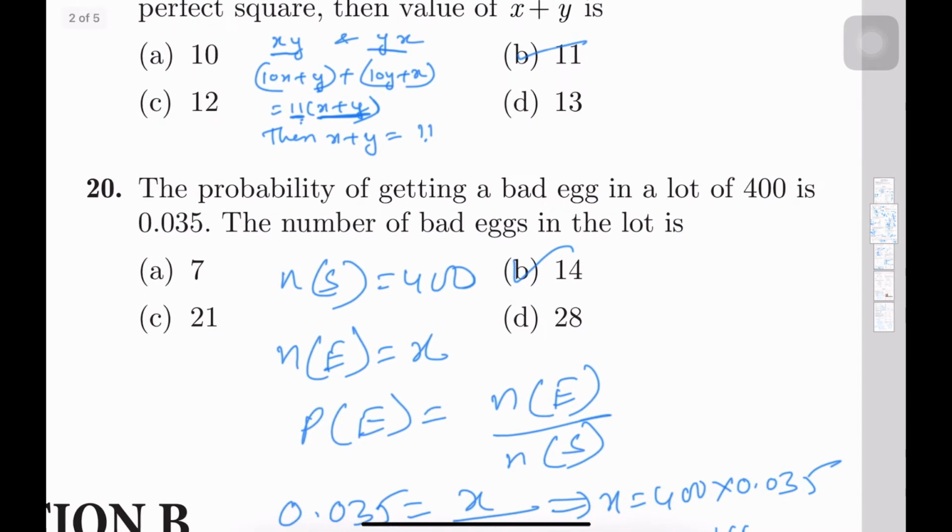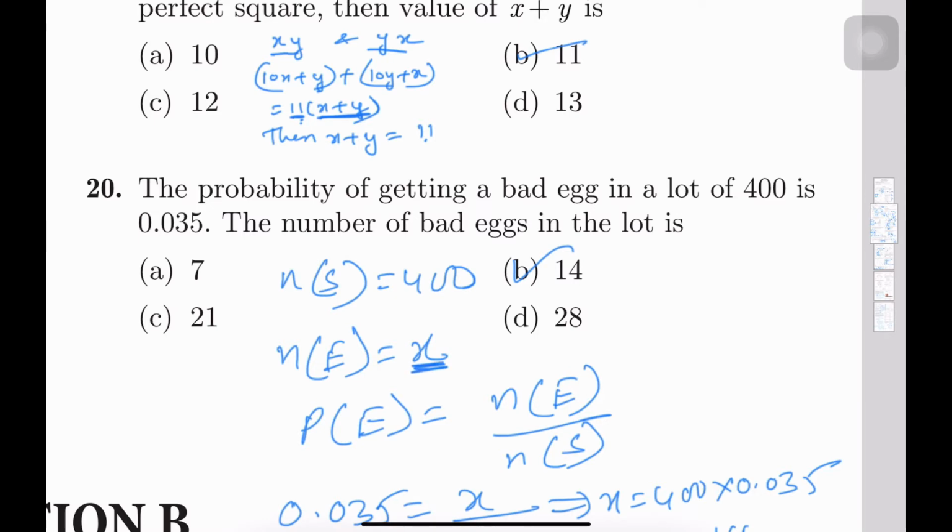Next, the probability of getting a bad egg in a lot of 400 is 0.035. The number of bad eggs in the lot is. So the total number of eggs is the lot, 400. The number of bad eggs we don't know, so we take it as x.